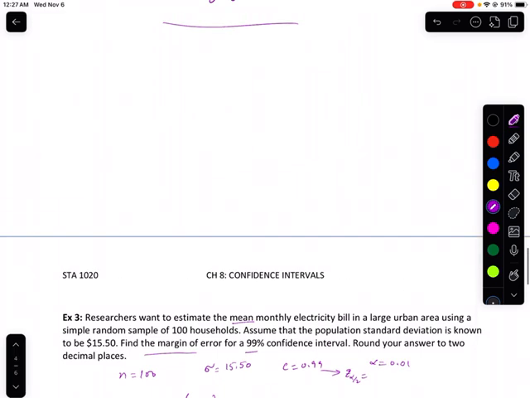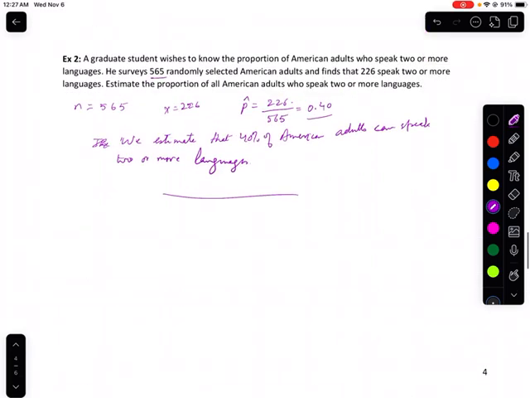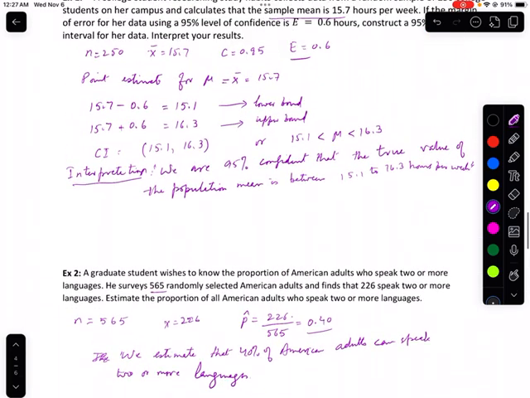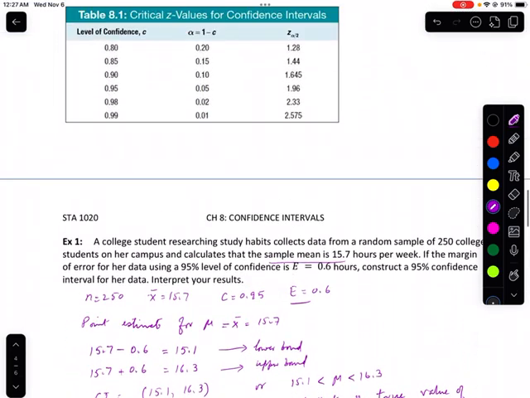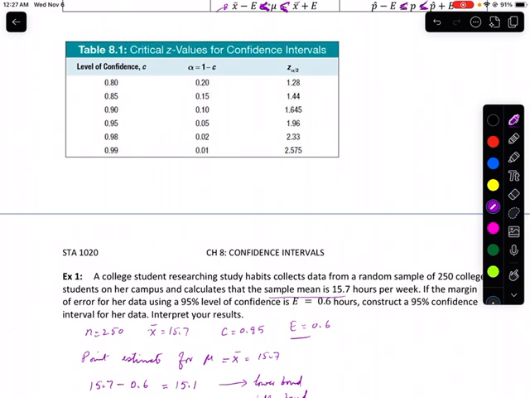I don't even have to divide that by 2 to find alpha over 2, because the table gives you the value of alpha here and then Z alpha over 2. In terms of c it is the last value, in terms of alpha also it is the last value. So the value is 2.575.